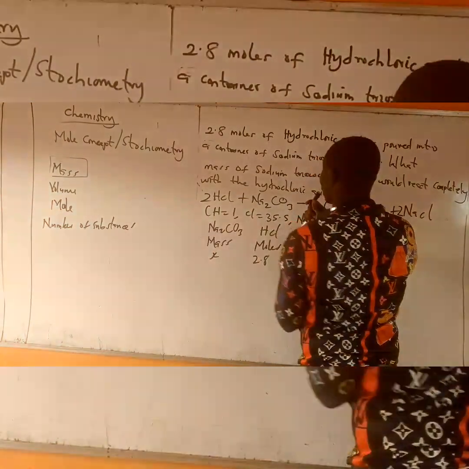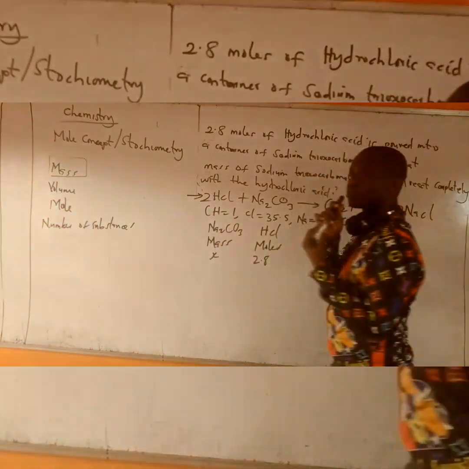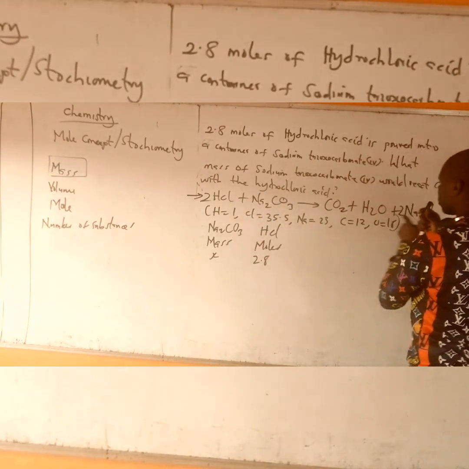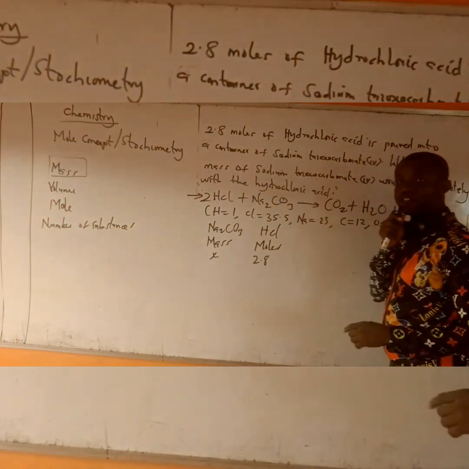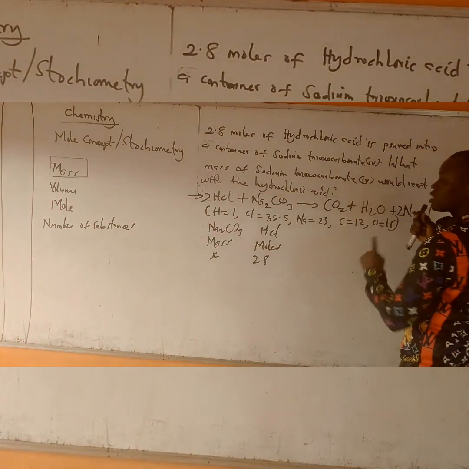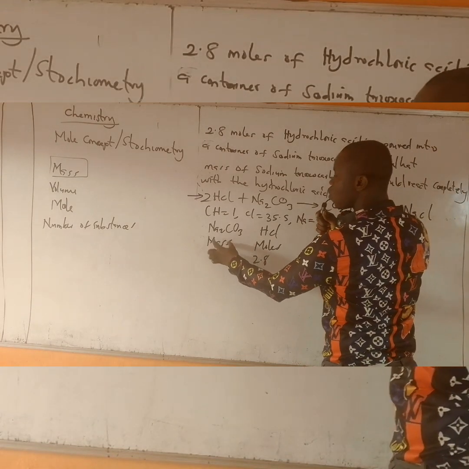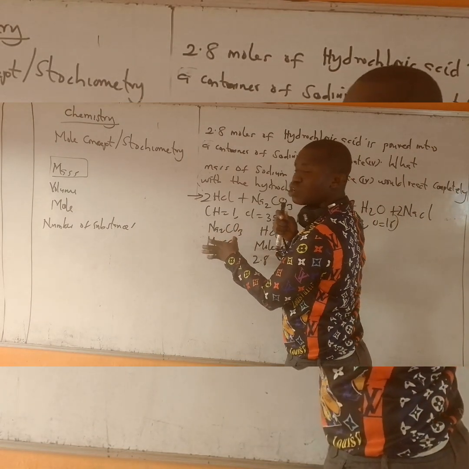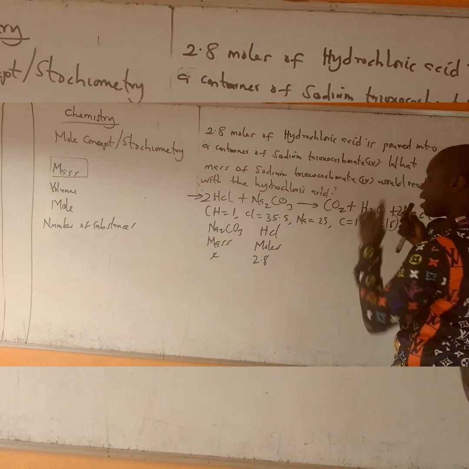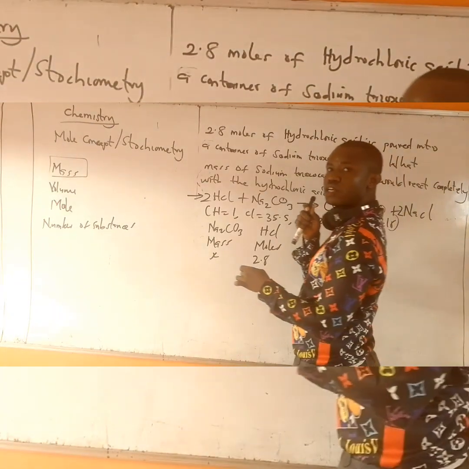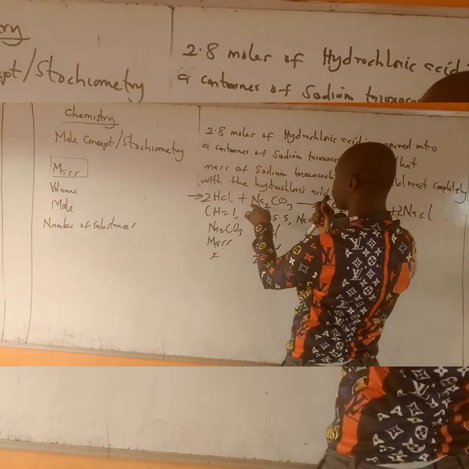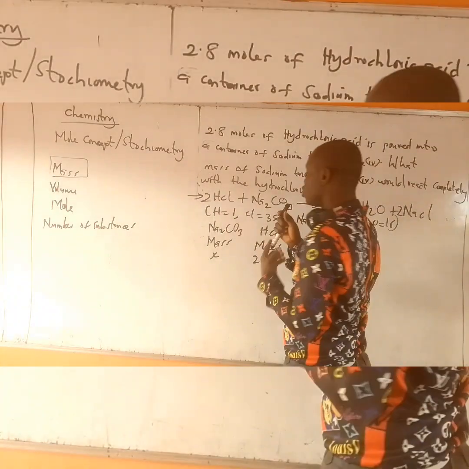So look at the equation of reaction here. We are considering the mass of Na2CO3, so we'll go to the equation of reaction and get the mass of Na2CO3. What is the mass of Na2CO3?